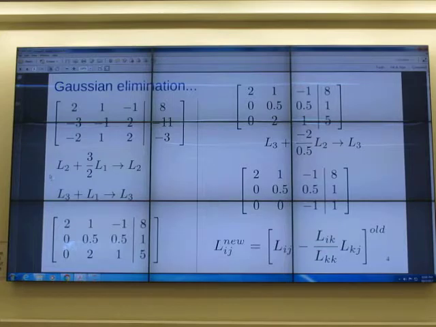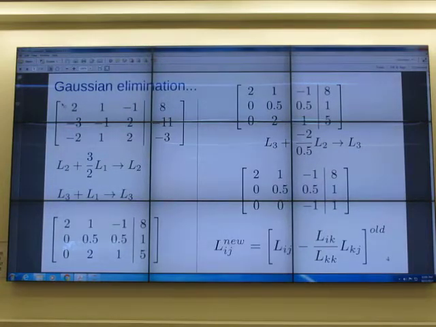Alright, elimination process. The basic idea is you try to make the bottom left triangle to be 0. That's 0, 0, 0. So that triangle you want to be 0, and the rest will change.